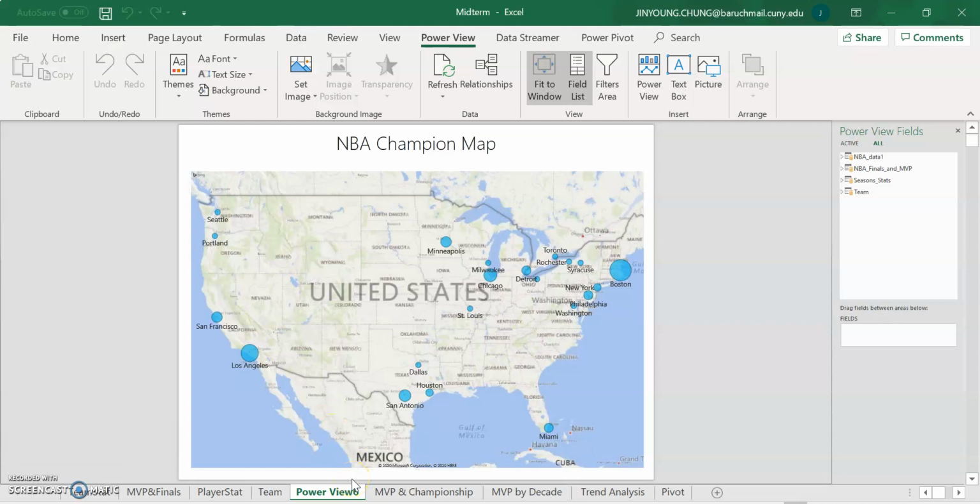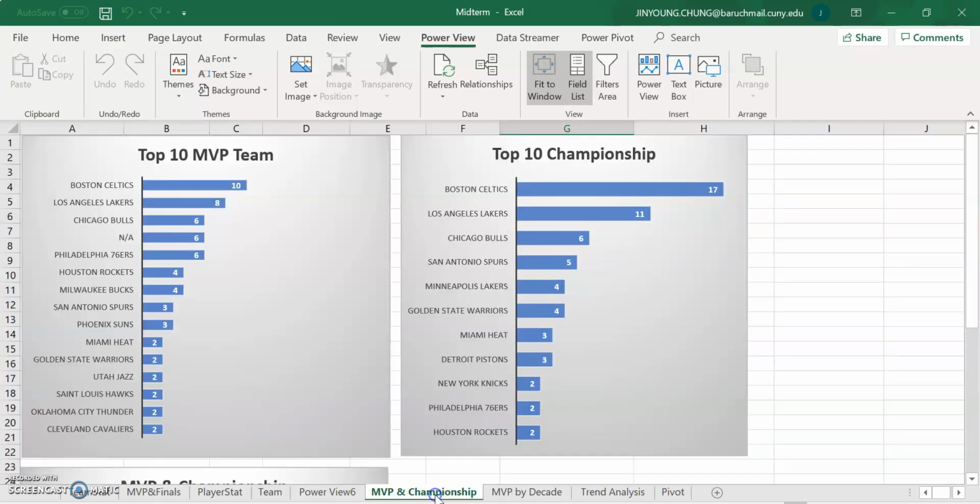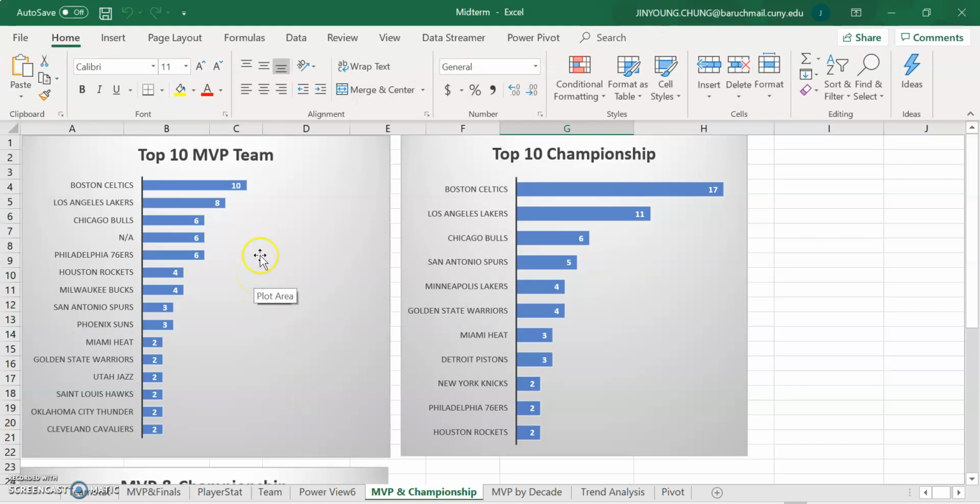After creating the championship map, I was curious whether having an MVP on a team could lead to a championship. So on the next worksheet called MVP and Championship, the first bar graph is the top 10 teams with the most MVPs and the second bar graph is the top 10 teams with the most championships. The top 3 teams on both graphs are identical, even in order: Celtics, Lakers, and Bulls.